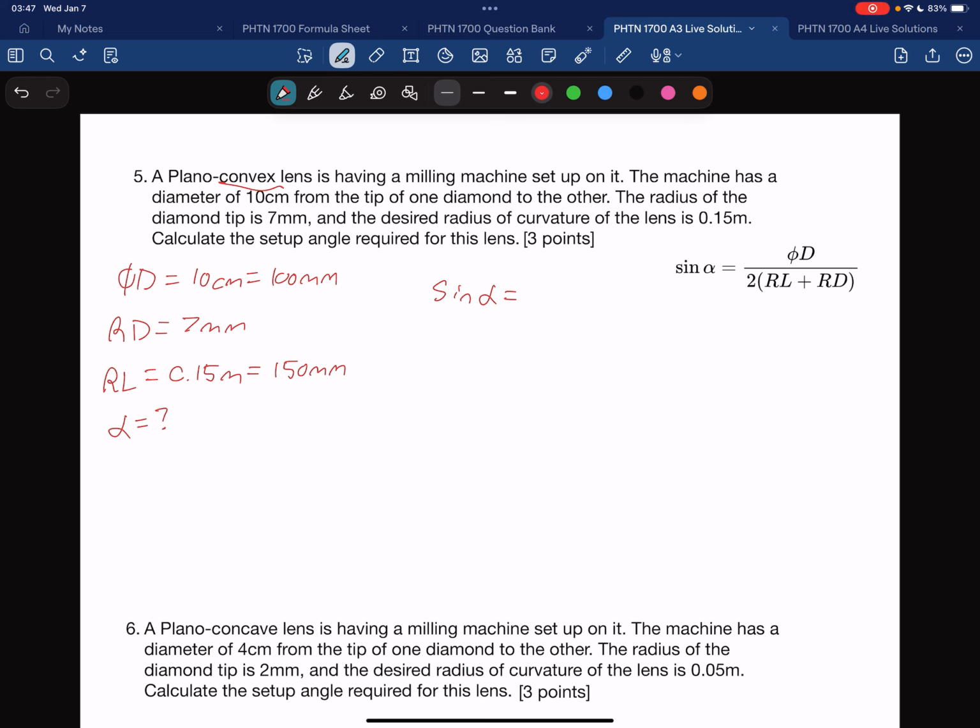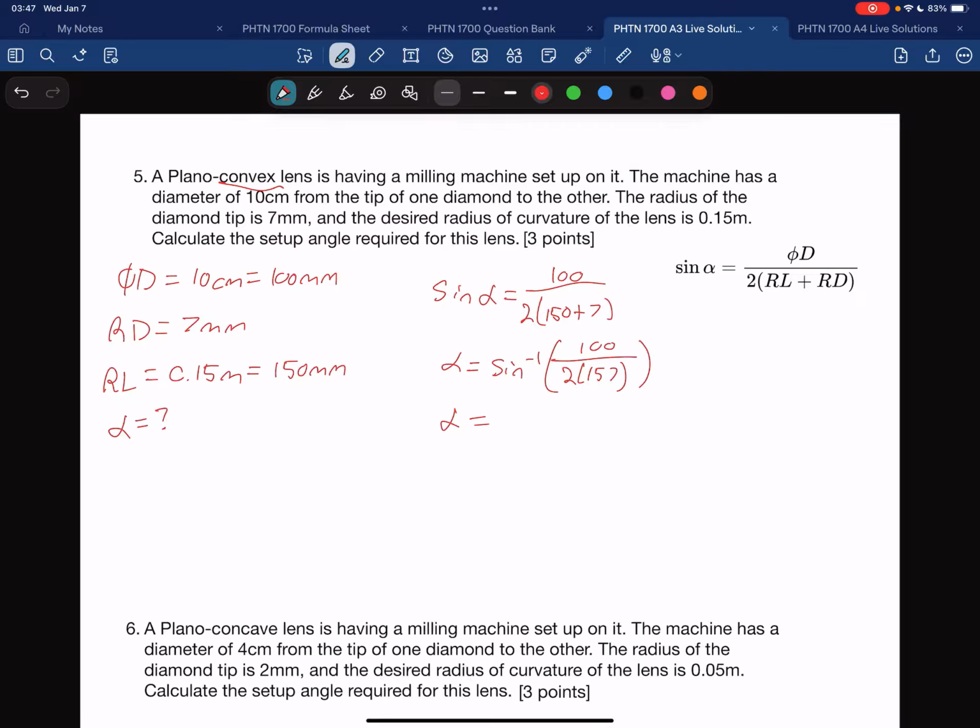So sine of alpha is equal to my 100 millimeters over 2 times the radius of the lens, so that's my 150 plus my 7, all multiplied by 2 in the bottom there. And of course I have to take my inverse sine of all of this. And I simplified a little bit in the denominator there.